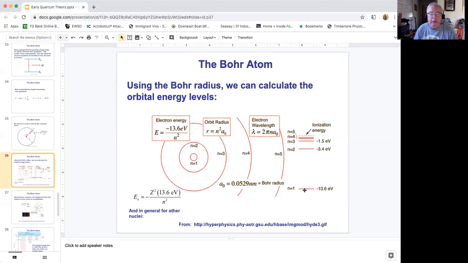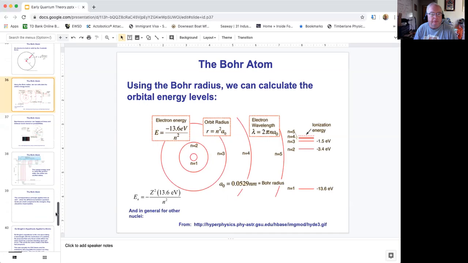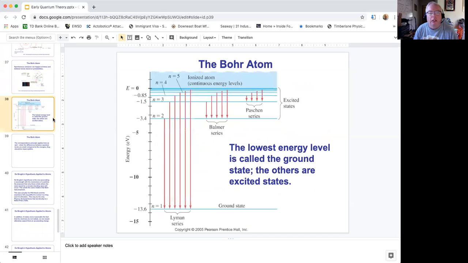Now, if you apply less energy to it, then it might go into an excited state and then later drop back down and emit a light particle as well. So you can see this actually nicely explains the atomic spectra for hydrogen.